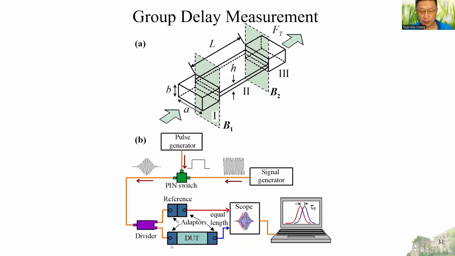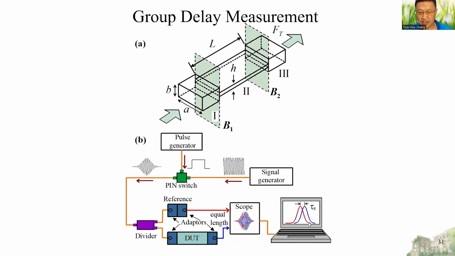Part 2 goes through two adapters as well as the device under test. So we have an extra length, just like L, and then we have equal lengths for these two. Let's compare, measure on the scope, and we can measure the difference.